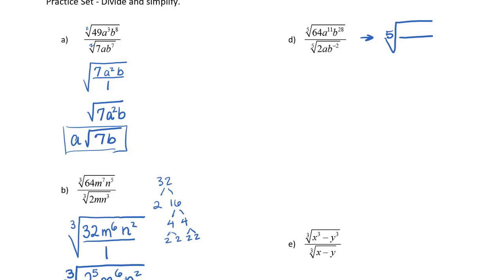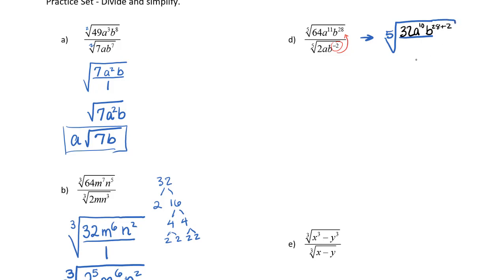Now remember, when you have negative exponents, you need to bring them to the other side of the fraction. So we're going to rewrite this as 64 divided by 2 will give us 32. A to the 11th divided by a will give us a to the 10th. B to the 28th, and then if we shift the b to the negative 2 up, we change its sign, and so we'll have b to the 28th plus 2.